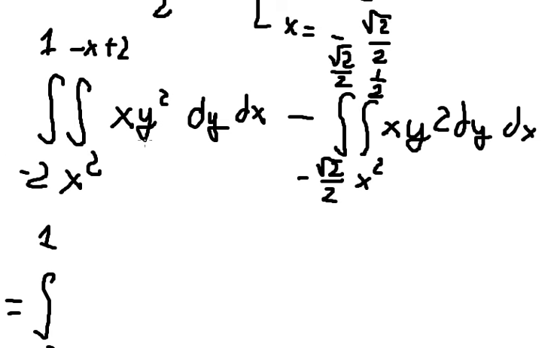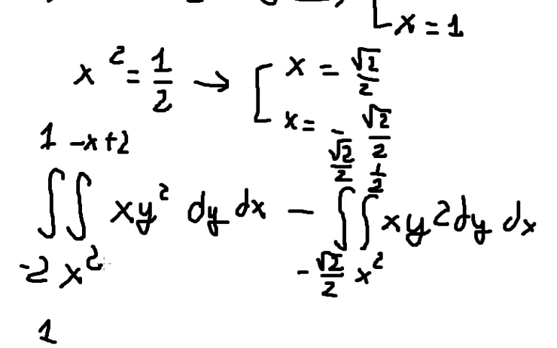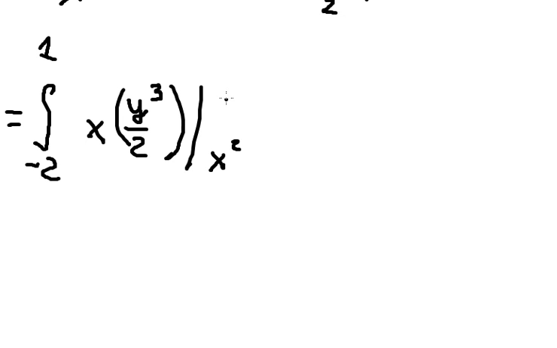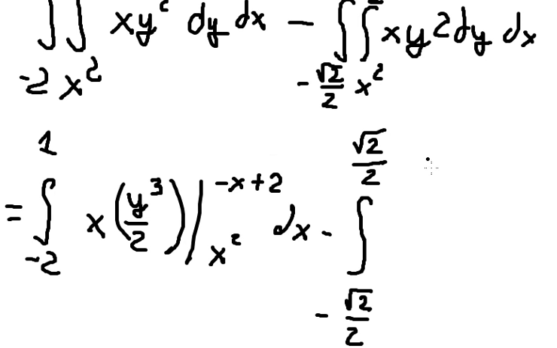The integration of y squared is y to the power of 3 over 3, and we put the bounds from s squared to negative s plus 2, minus the integration from negative the square root of 2 over 2 to the square root of 2 over 2. For this one we have y to the power of 3 over 3.